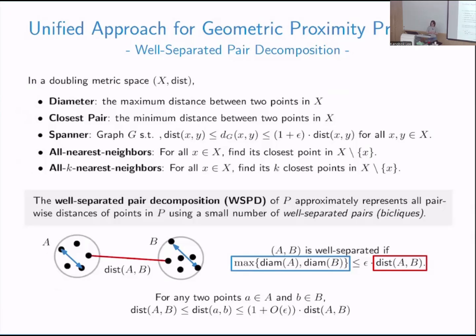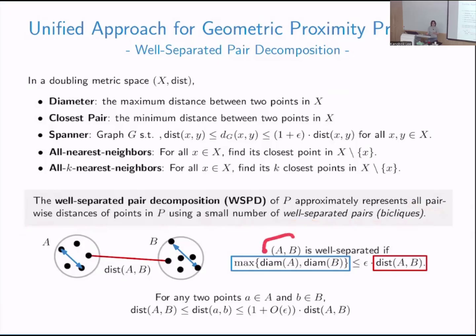But WSPD, well-separated pair decomposition, approximately represents all pairwise distances of points using a small number of well-separated pairs. I will define it later, but for this, I will define the notion of well-separated.